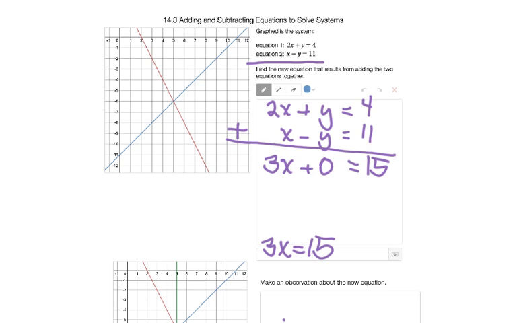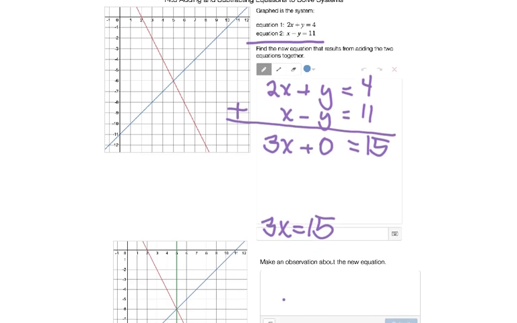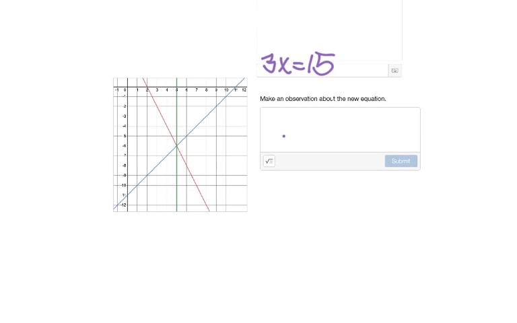So then what you were supposed to do is note what happened. Look at that green line right here. So this 3x equals 15 is that new green line. Make an observation about the new equation. So check this out. If I were to actually solve 3 times what number equals 15, or what is the value of x equal to?